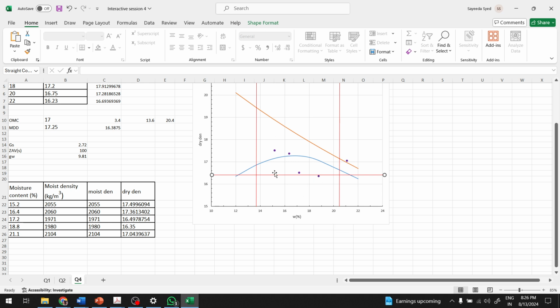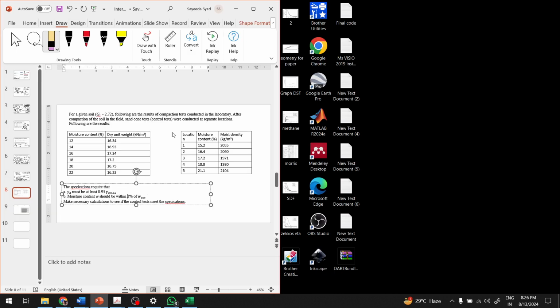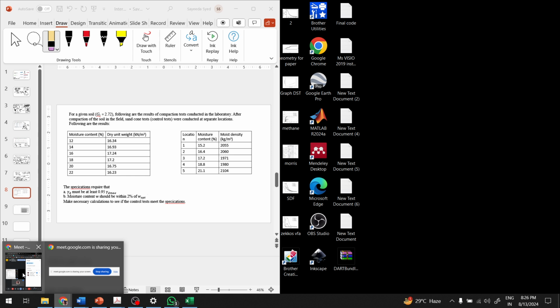So we can say these points are okay, but this point itself is erroneous and this point does not meet the specifications. Okay, so these were the questions on compaction that I had planned to discuss today.